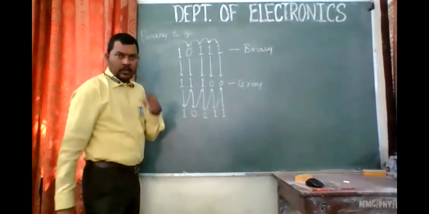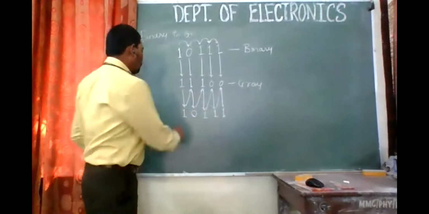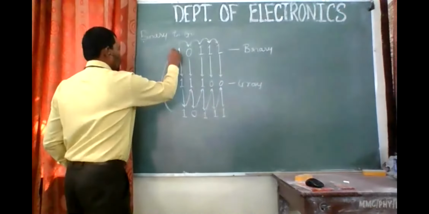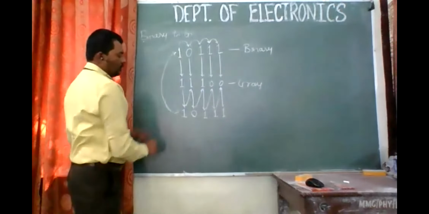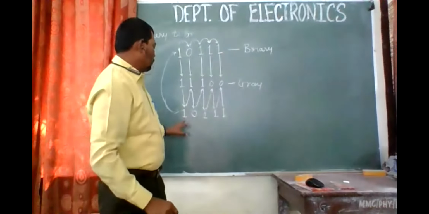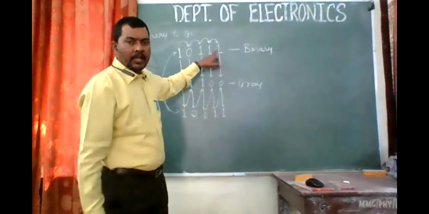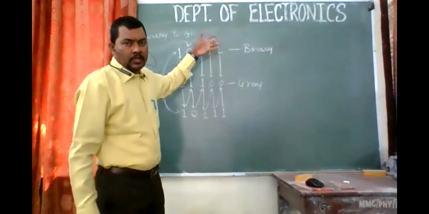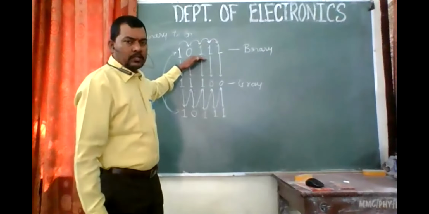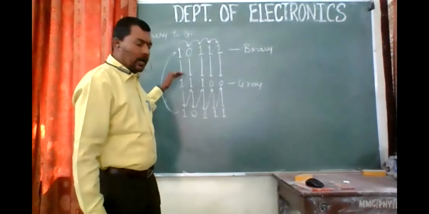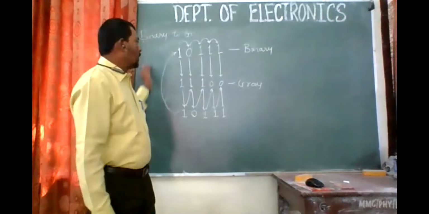I guess it is understood. The number we are getting is again the same, 10111. So this was the binary number that we took as an example, and this is how we converted it to gray, and back again to binary.